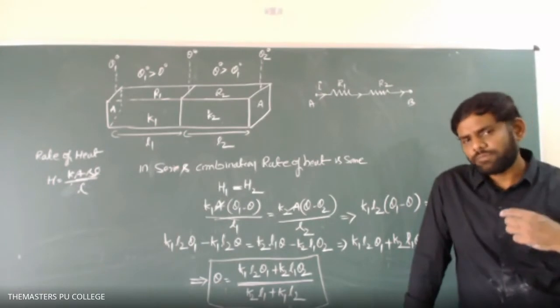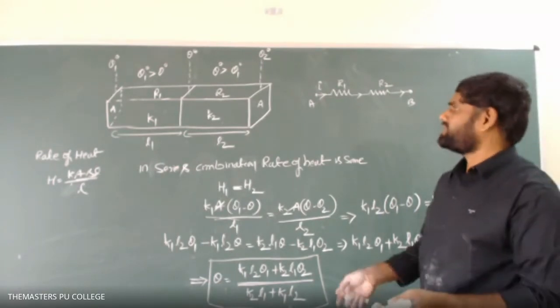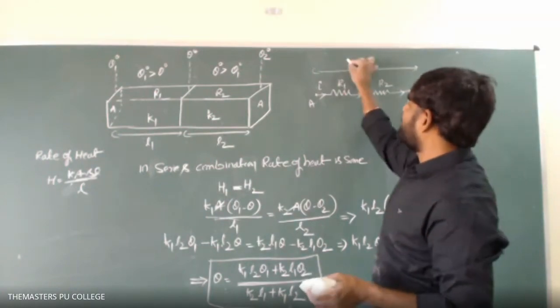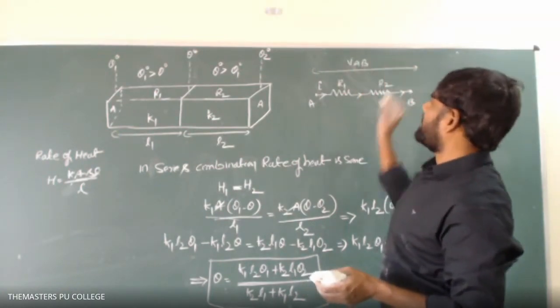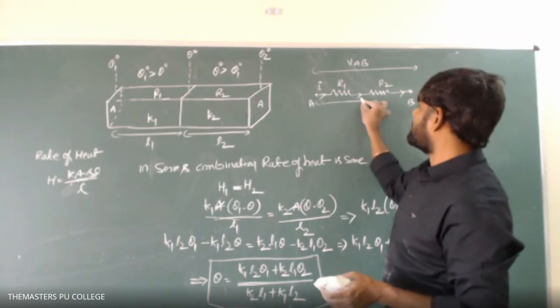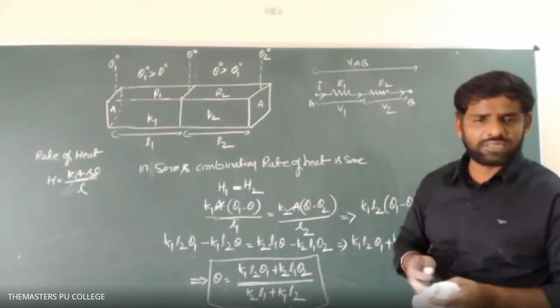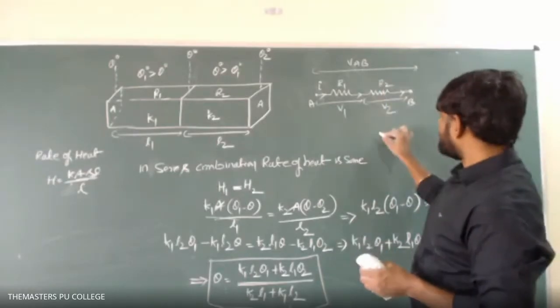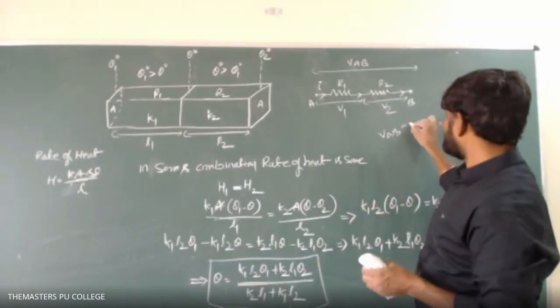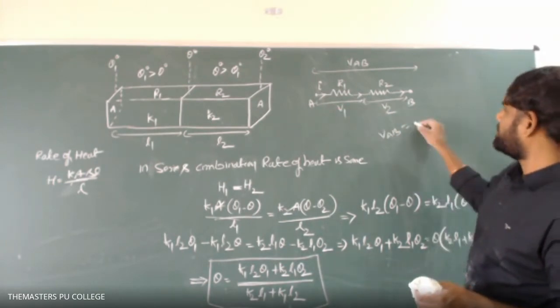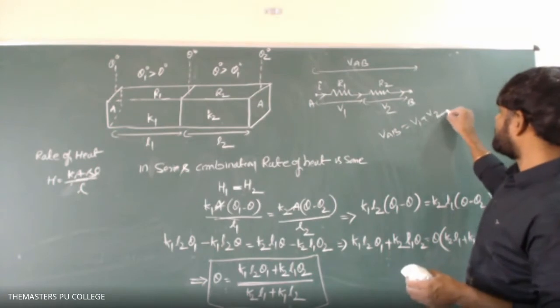R1 plus R2. Why it is R1 plus R2: the net potential difference between A and B equals what can I write? Potential difference across this is say V1, this is say V2. So the potential difference VAB is the sum of V1 and V2.